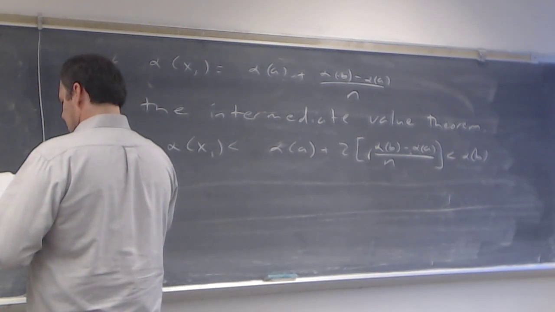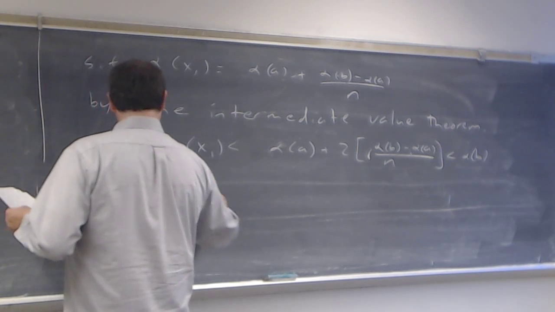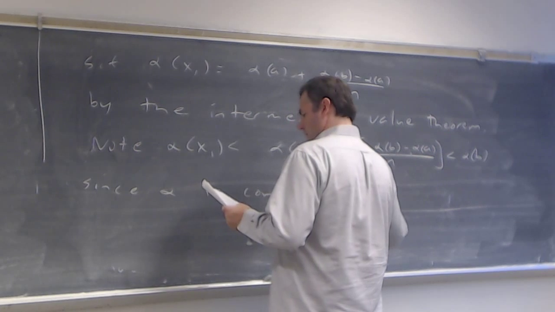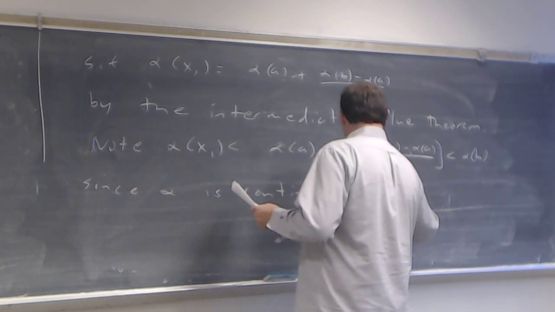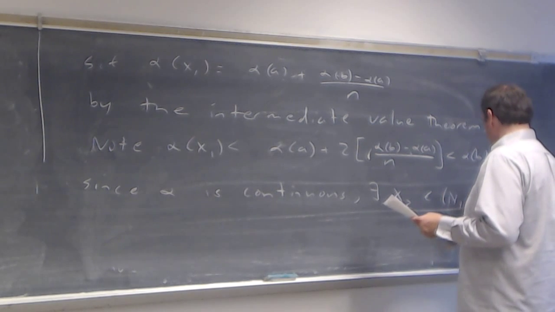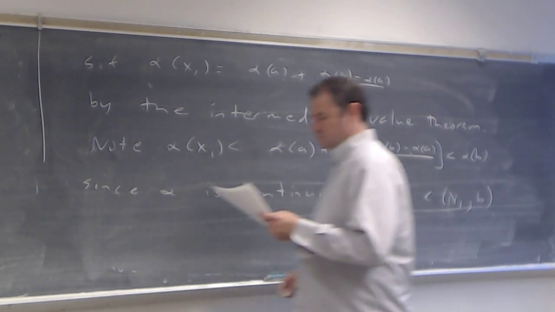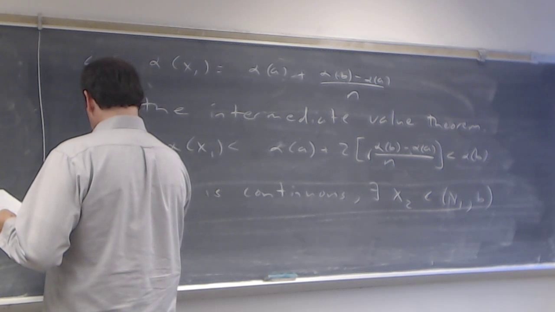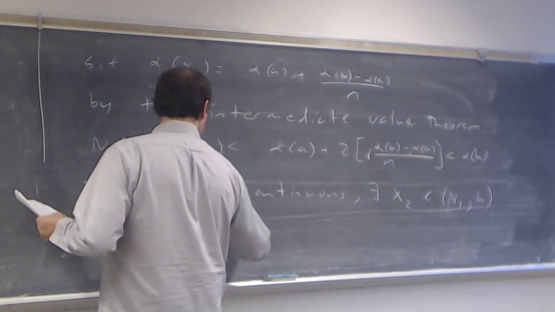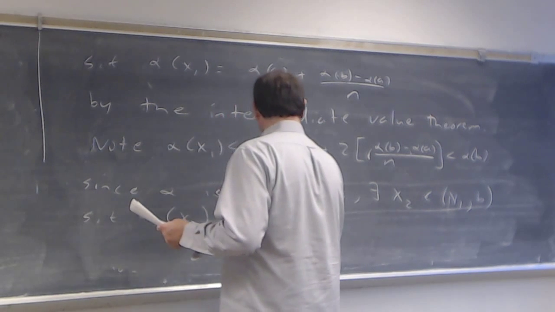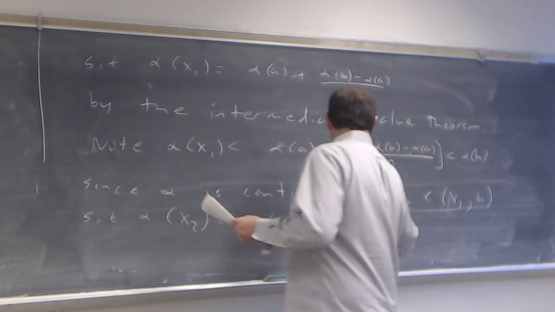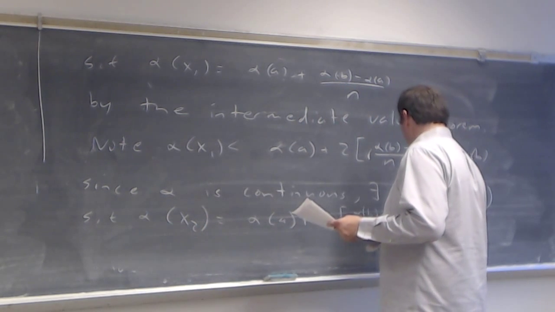And so since alpha is continuous, there exists an x sub 2, an element of x sub 1 up to b, such that alpha of x sub 2 will be equal to this quantity, alpha of A plus 2 times alpha of B minus alpha of A all over n.